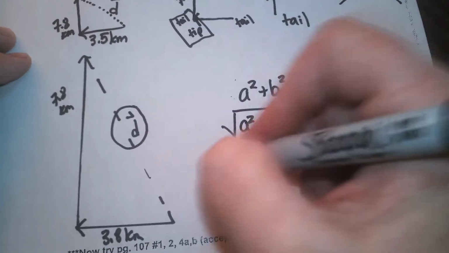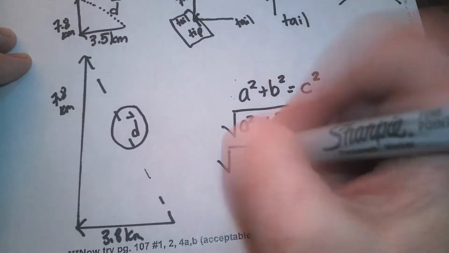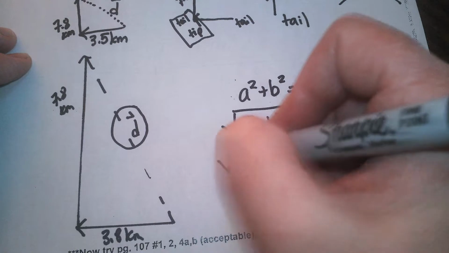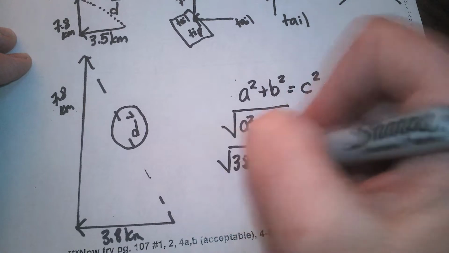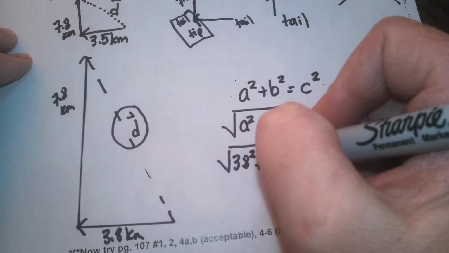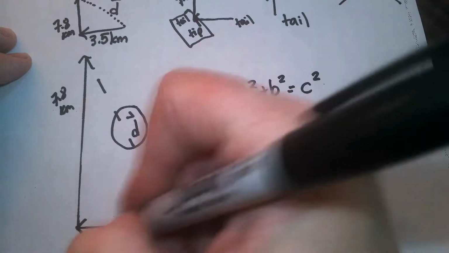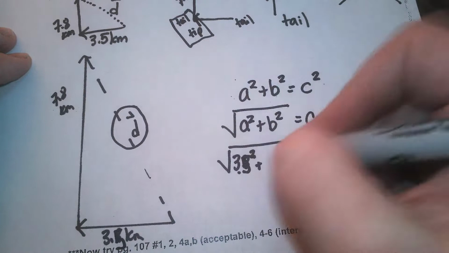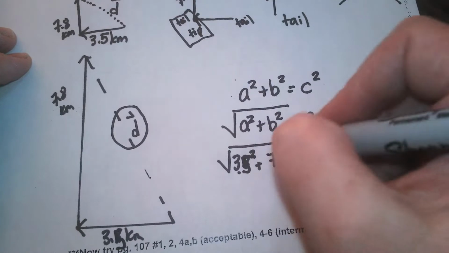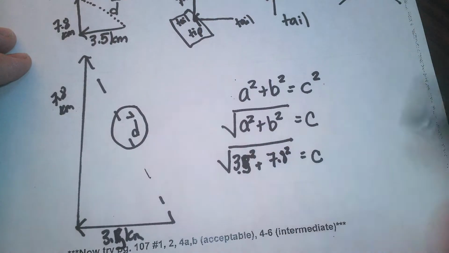So c would be equal to the square root of 3.5 squared plus 7.8 squared. So I'm going to have Joyce calculate it, and I'm going to have Princess fact check it.